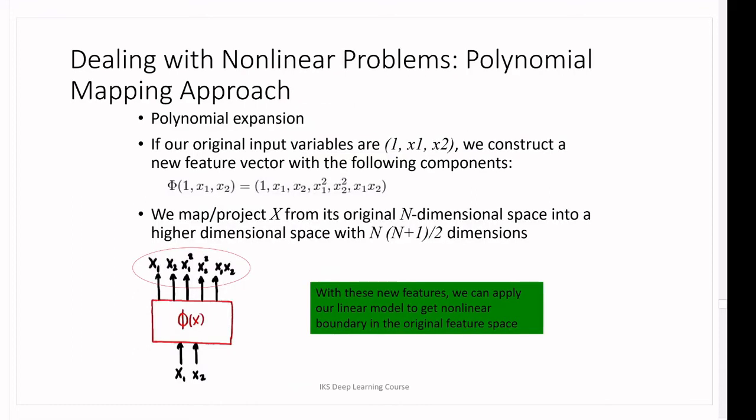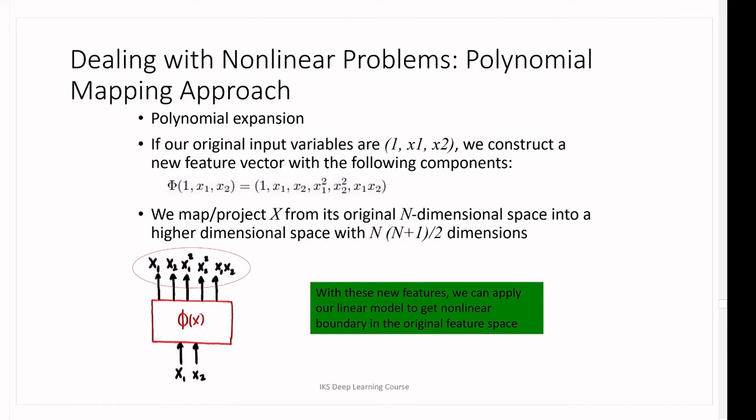One simple approach for dealing with nonlinear problems is what we call polynomial mapping. The idea is very simple: we map our input problem into a higher dimensional space. As an example, let's say that our input variables are 1, x1, and x2, with 1, of course, being there because of the augmentation.